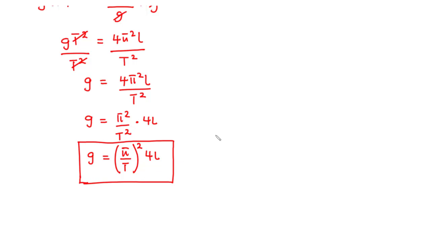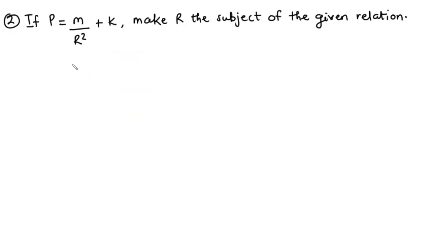Now let's move on to our second question. In the second question, it says that if P is equal to M over R square plus K, make R the subject of the given relation.